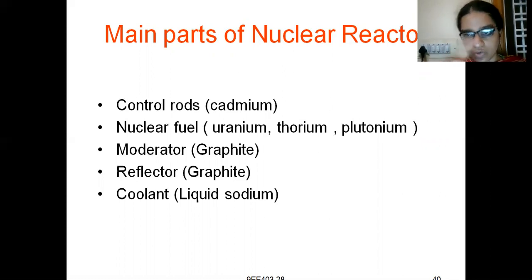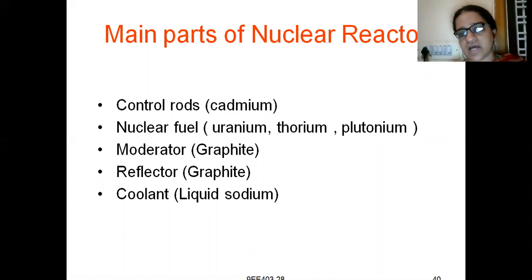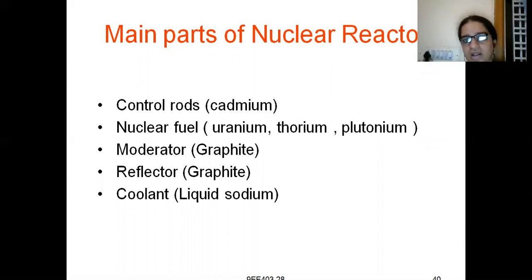You have control rods at the top of that rectangular structure, and a reflector lined around that rectangular box. Then you have coolant, which is passed from the nuclear reactor to the heat exchanger compartment.